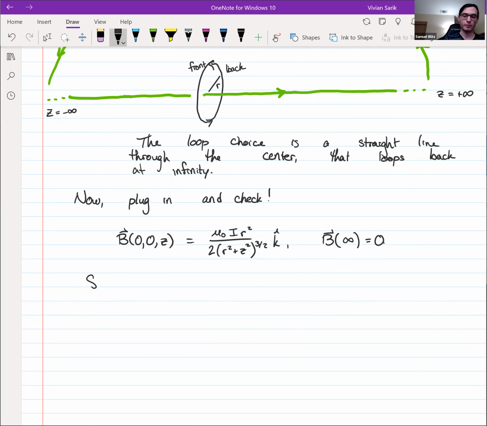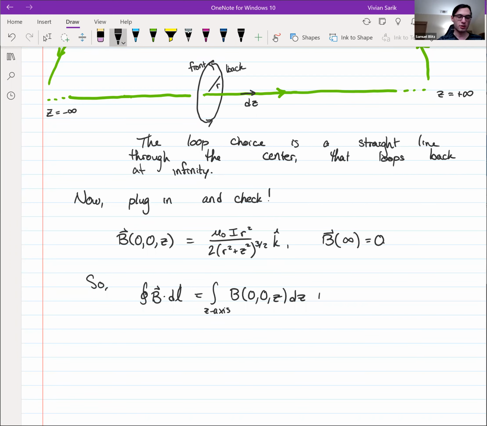So let's compute the integral. The integral of B dot dl for this loop that we've just described would be an integral along the z-axis of B(0, 0, z) dz. Our path length along the z-axis has length dz and points in the k-hat direction, so the dot product is k-hat dot k-hat, which is 1.